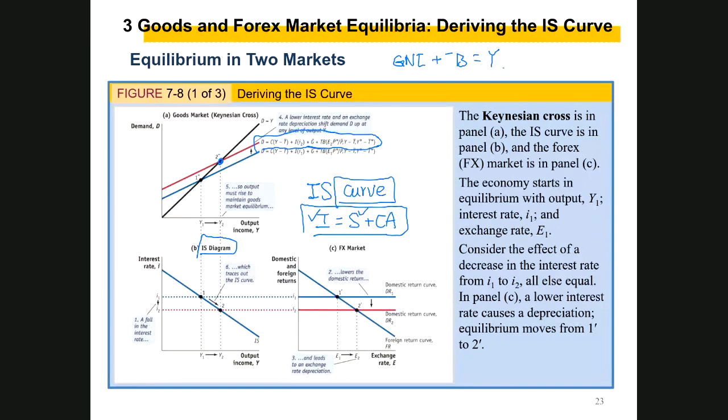Equilibrium in the goods market, it's point 1 and point 2. And this one just shows that it's a Keynesian cross. That means supply is equal to demand.